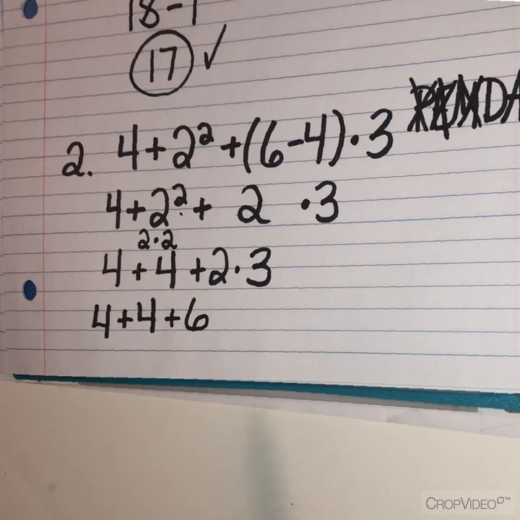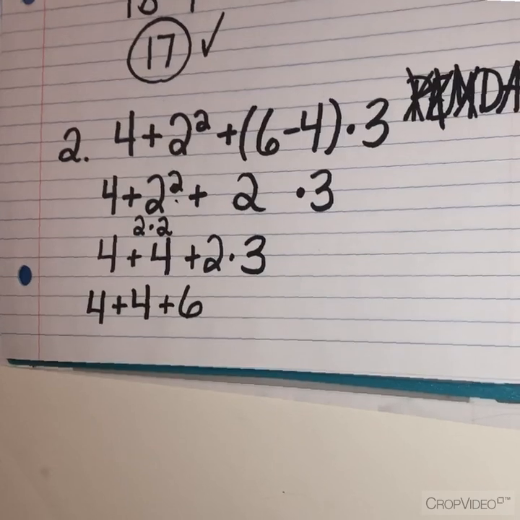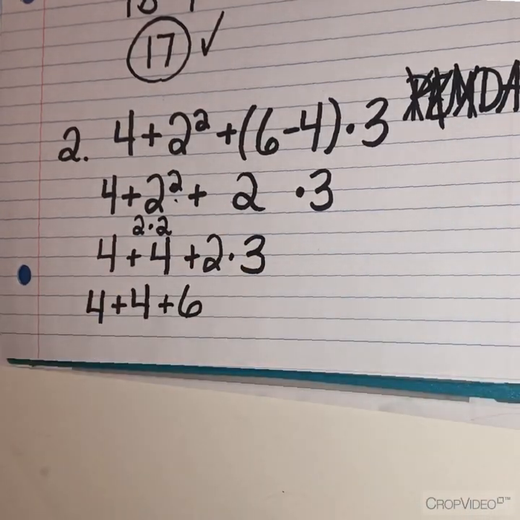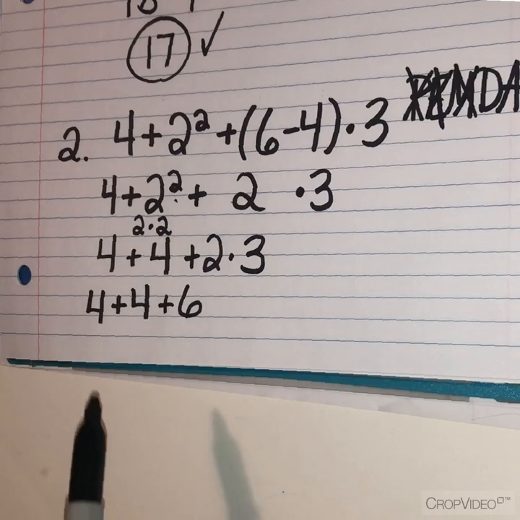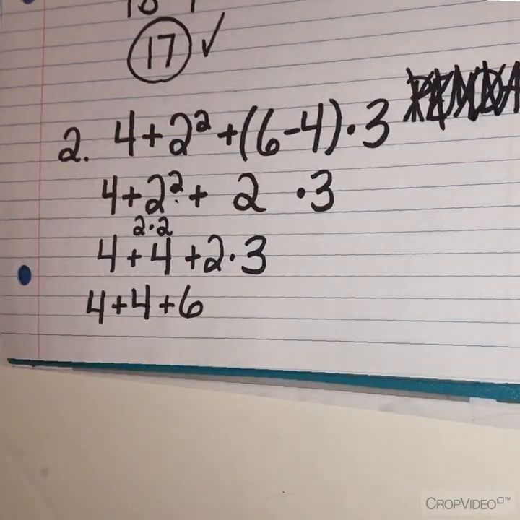I said I included all of the steps, but I actually didn't, I guess I didn't realize I didn't include division, so I'll include a separate example in a separate video. But it shouldn't be that hard if you just know the steps and to start with parentheses and end with subtract. So then now we have division. We don't have division in our problem, so we don't have to worry about that D.